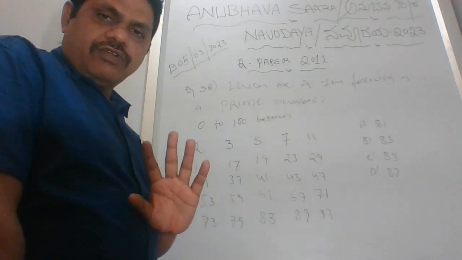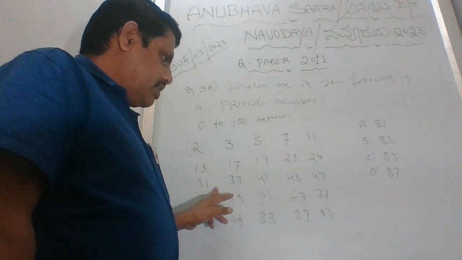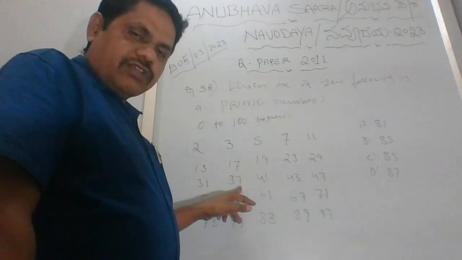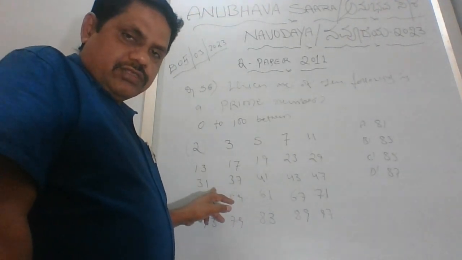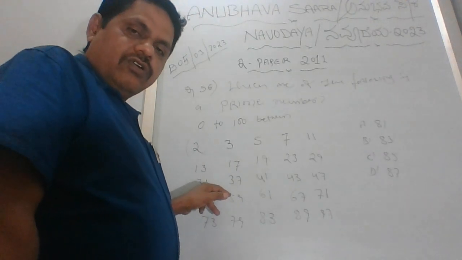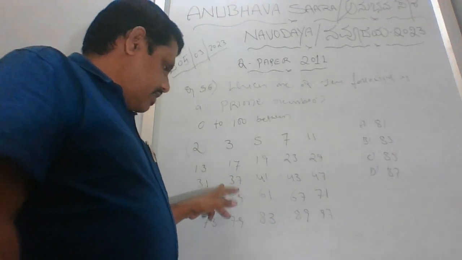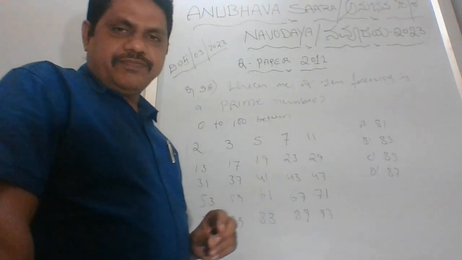It's not going to divide by any tables. Clear? So here again we can find 31, 37. Missing is 33. We call 33 a composite number because it will divide by 11. That's why we have cancelled it. 37, 41, 43, 47.